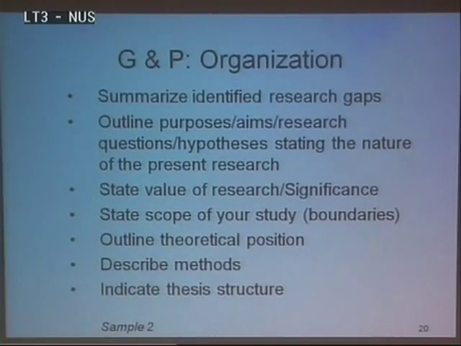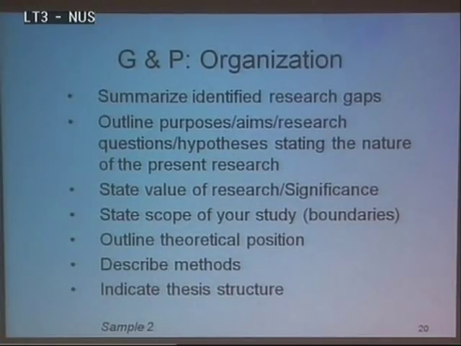I told you this is a journal paper. Now we are looking at the organization of gap and purpose in a thesis. What should you include? What are the different elements? Number 1, you summarize identified research gaps. Gap will always follow your review. Okay?